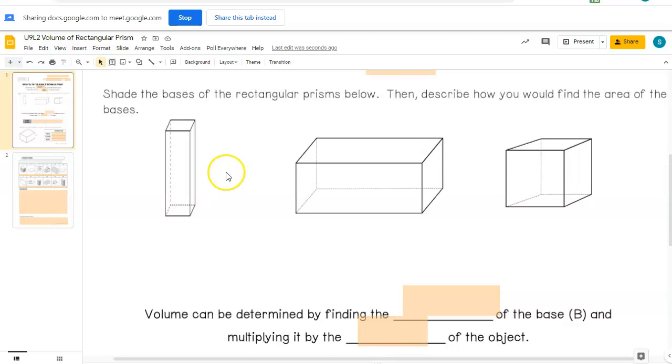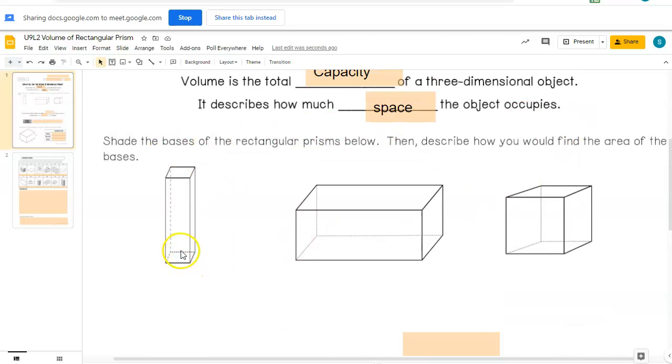Like in this one, we're going to look at our base, and here our base is this region, so we can go ahead and shade that in. I'll just scribble it in. So here is one base, and here is the other base.